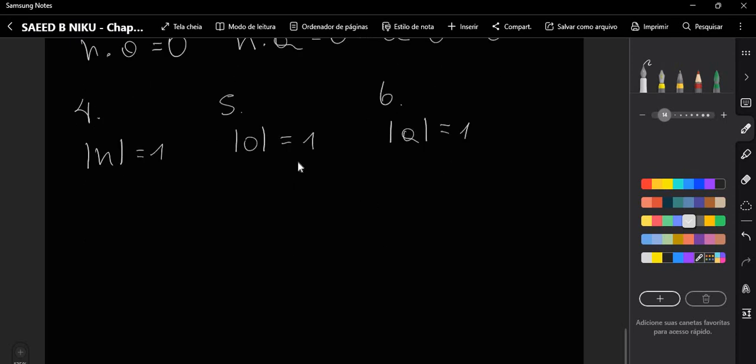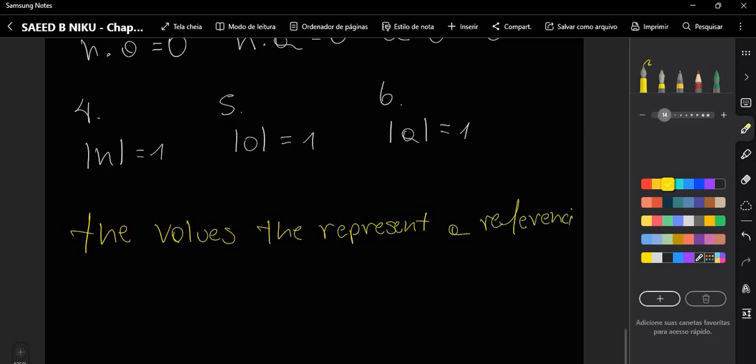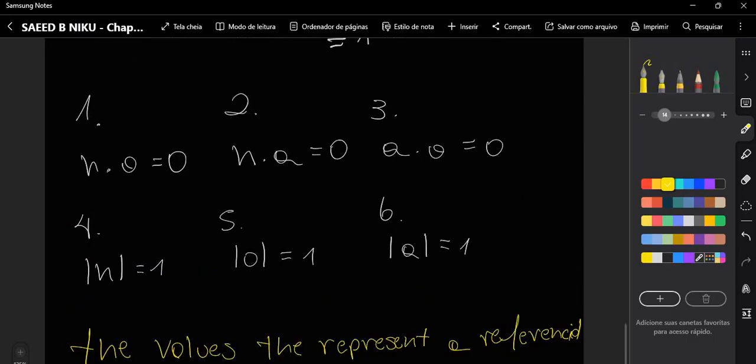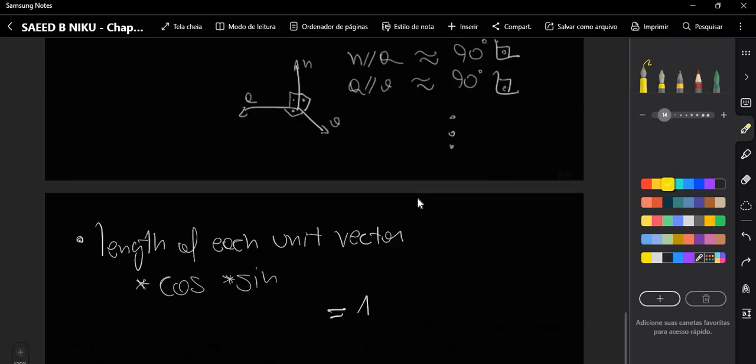Okay, and as a result, he says the values that represent a referential in a matrix, sorry, must be such that the listed equations must be true. Otherwise, the referential will be wrong.